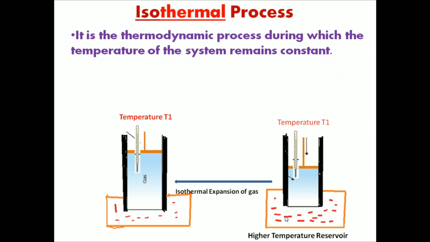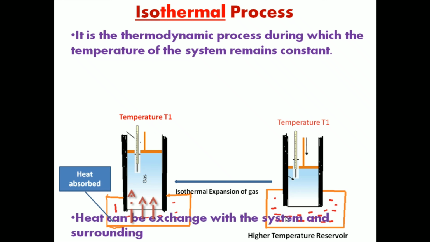We keep the system in a higher temperature reservoir, a place where the temperature is higher than that of the system. Whatever heat is required for the expansion process is absorbed from that reservoir to keep the temperature constant.